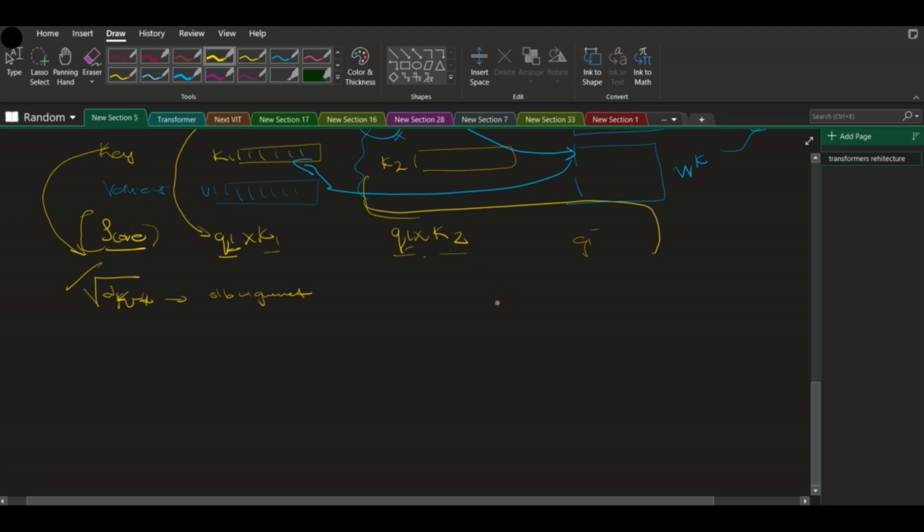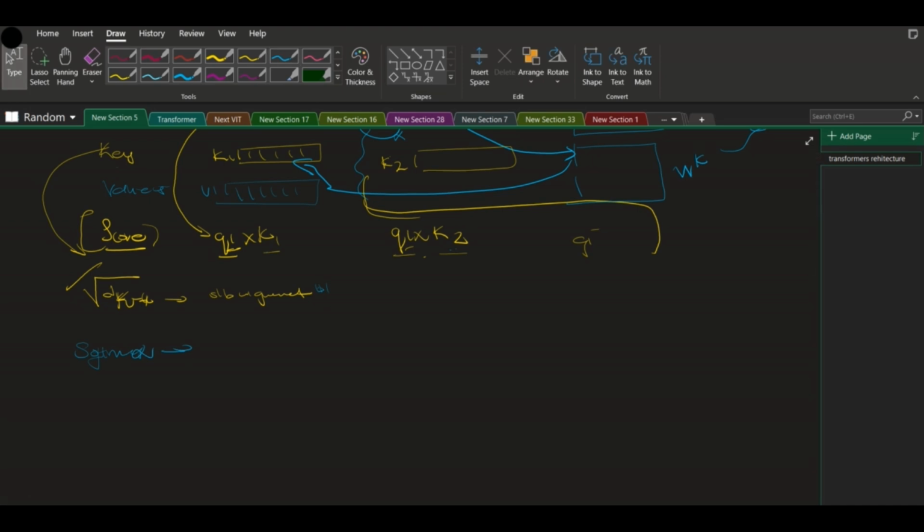Then we go to the next step, where we take the score. You can think of here we got a score of maybe 41. Then we apply the softmax to this. Why do we apply the softmax? It's because we want to normalize the scale so that they all add up to 1.